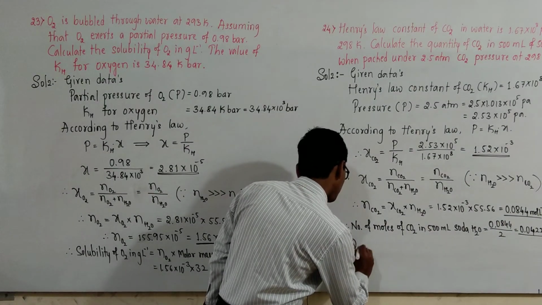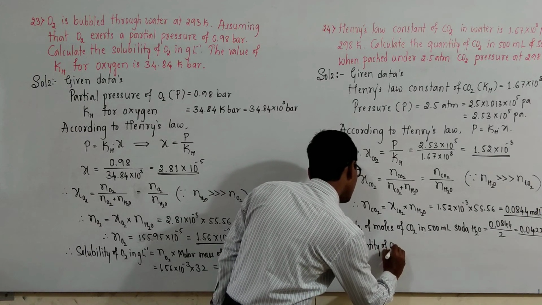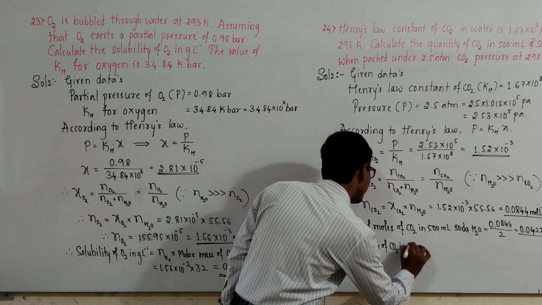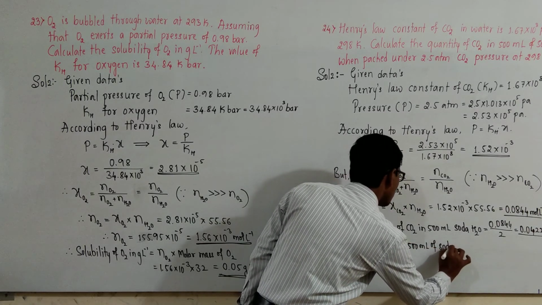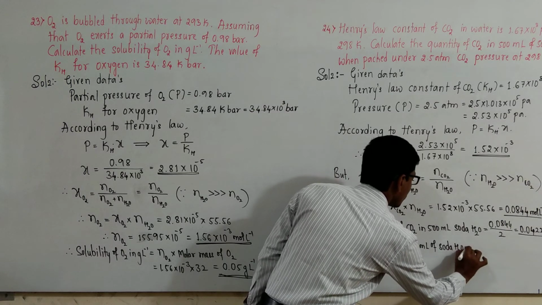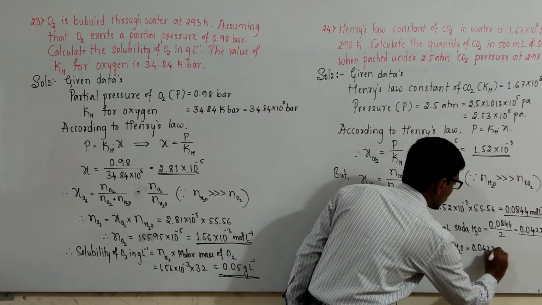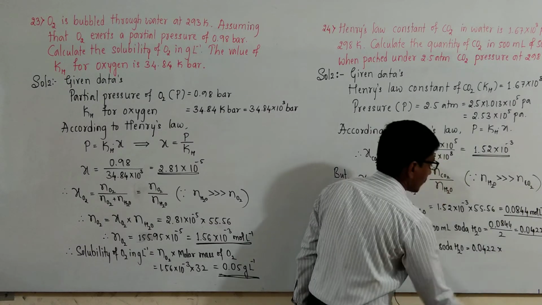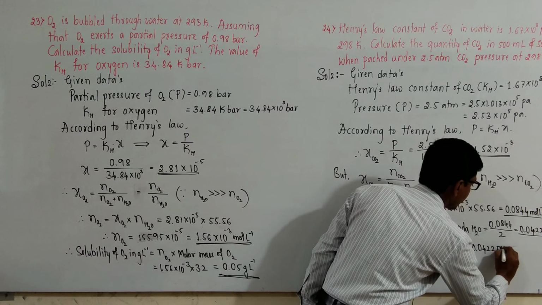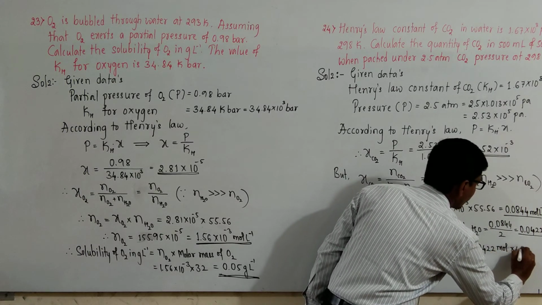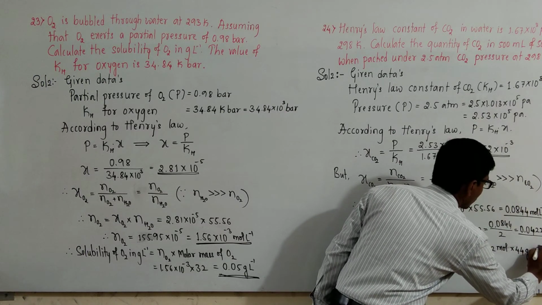Therefore, quantity of CO2 in 500 ml of soda water is equal to 0.0422 mole into molar mass of carbon dioxide, 44 gram per mole.